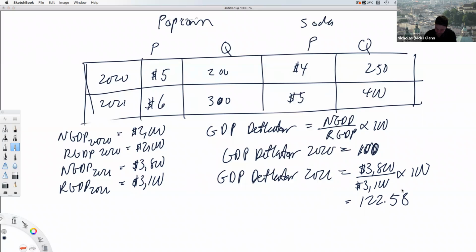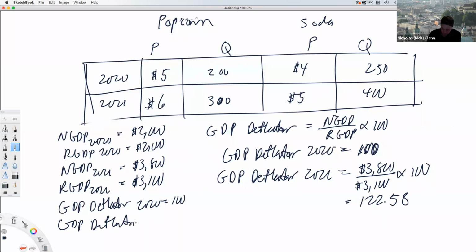Okay, so let's go ahead and write those down. GDP deflator 2020, 100. GDP deflator 2021 equals 122.58.